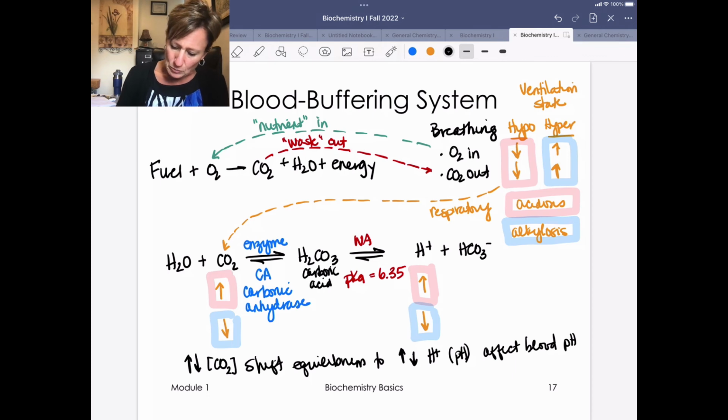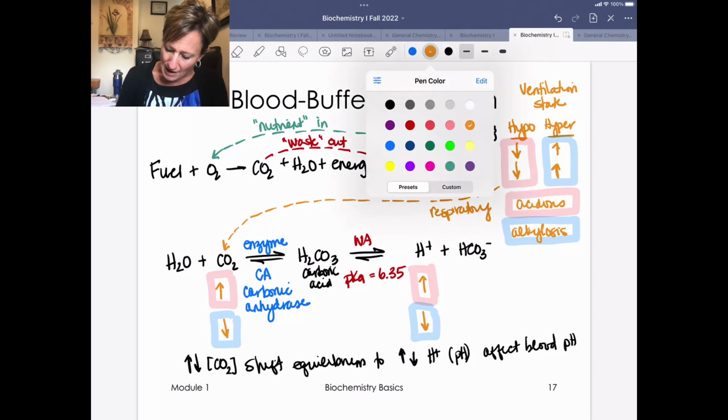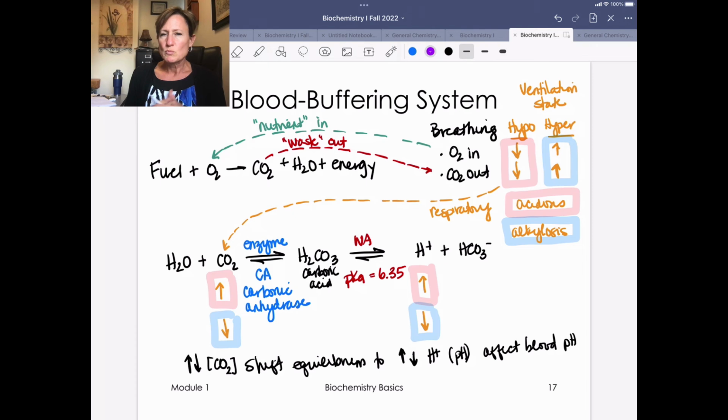Two other little pieces to map on here, things that I'm just going to mention superficially because we're not going to get into details of them later, but there's another place where we have carbon dioxide in this process. We see carbon dioxide generated as a waste product from fuel metabolism. So not only is carbon dioxide something that plays in with our respiration state, but that carbon dioxide is also generated from fuel metabolism.